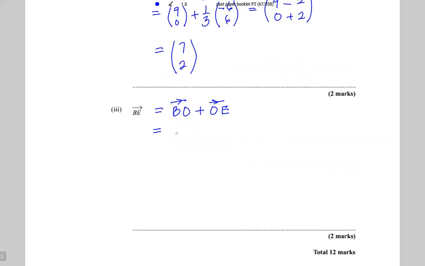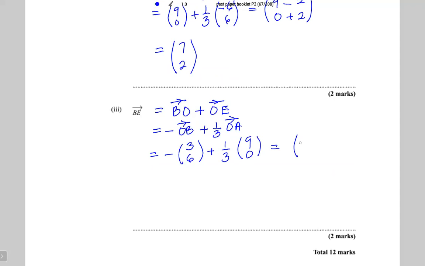Now, BO is minus OB. If we want, we could write that, plus OE, which is 1/3 of OA. So this is minus 3, 6. I think that's true. It's minus 3, 6 plus 1/3 of 9, 0.